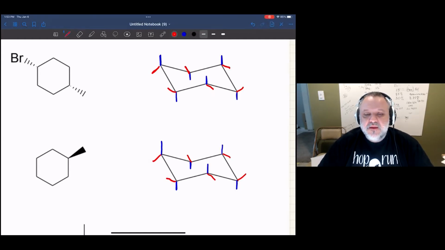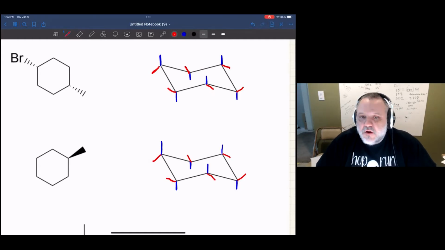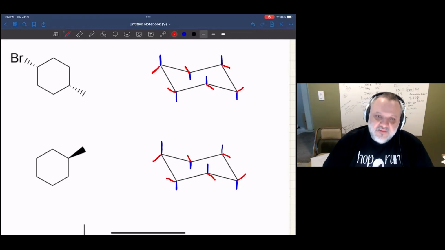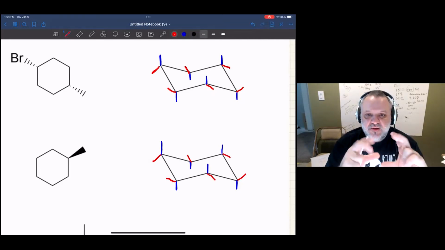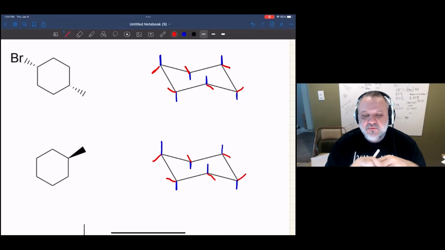Now here's the thing: it doesn't matter where you start, but once you start, you have to be consistent with that choice. So I can literally put the bromine on any bond I want. It is an advanced consideration, and you have to be good at seeing in three dimensions. It doesn't actually matter if you put it up or down, as long as you're consistent.